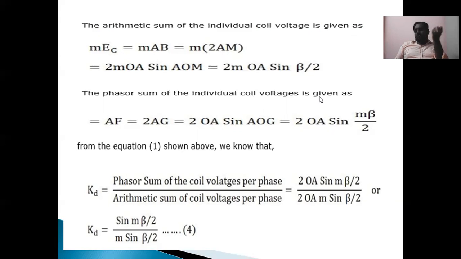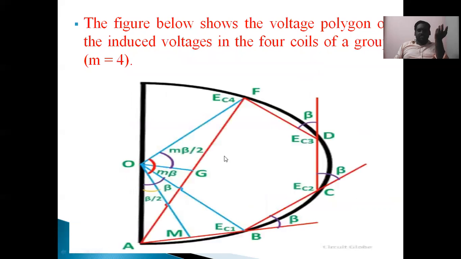And the phasor sum is for distributed winding. For the same figure, the phases are different. In concentrated winding they have the same phase, that's why we can consider only beta. But here the phases are different, that's why the resultant is less than EC.